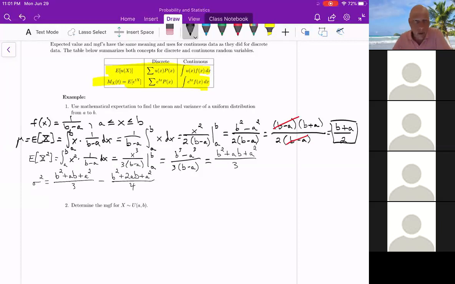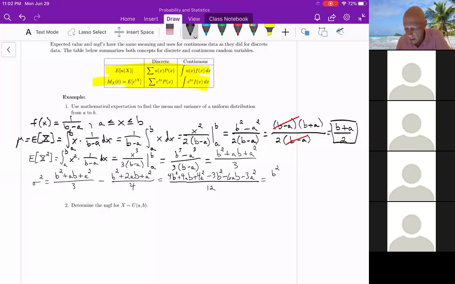And then from here, we want to get a common denominator and simplify. So I'm going to use 12, which means we have 4b squared plus 4ab plus 4a squared minus 3b squared minus 6ab minus 3a squared. So I've got 4b squared minus 3b squared, which is 1b squared.